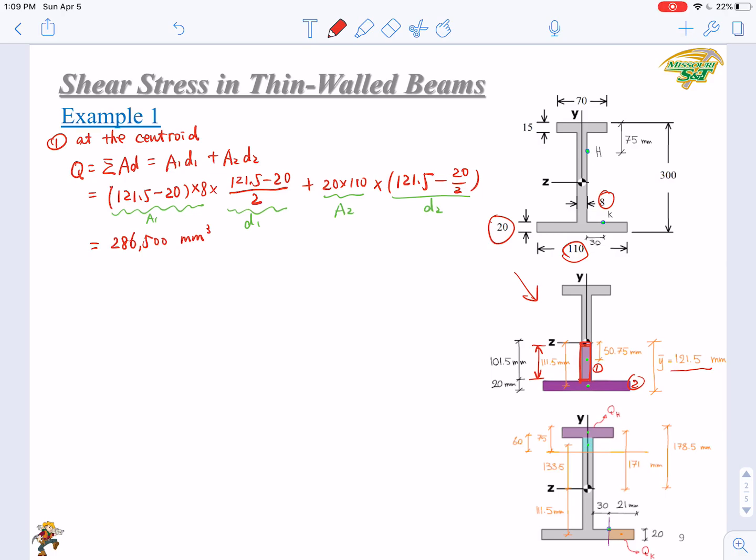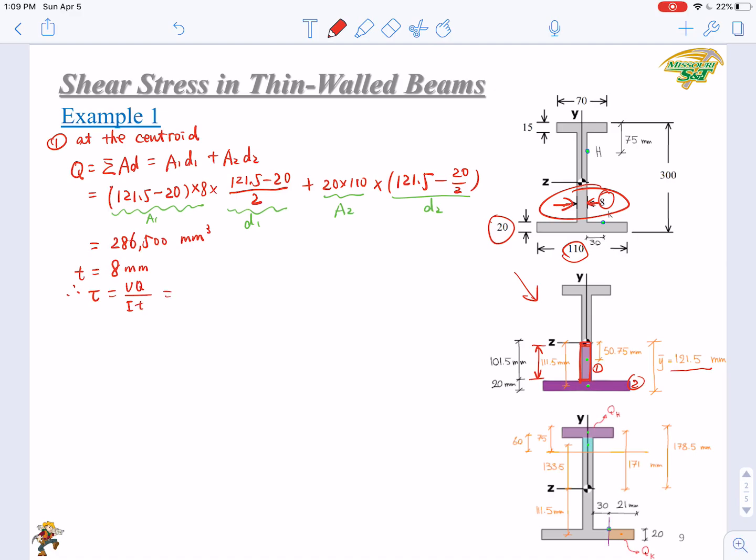We also need to consider the thickness T at this point, and as indicated here, the thickness T is just 8 millimeter. So we can calculate the tau at this point. That will be VQ over IT.